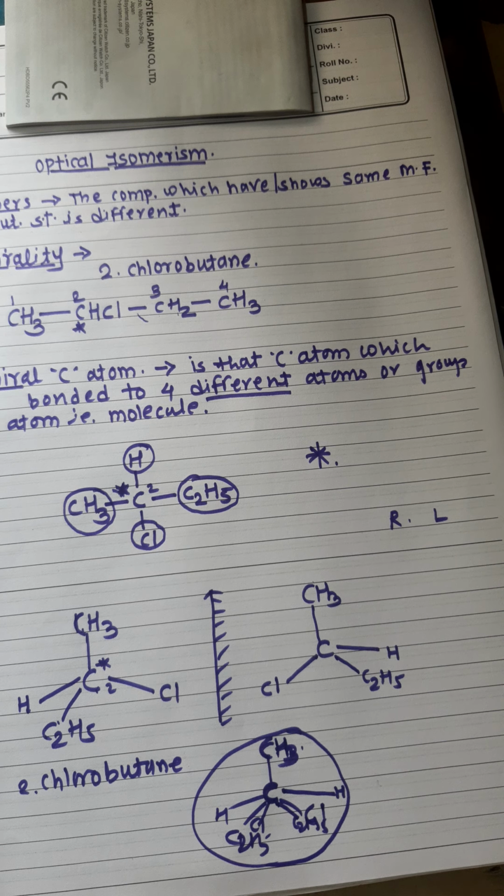Optical activity is given by compounds which contain a chiral carbon. For optical activity, we must understand plane polarized light, in the next lecture.